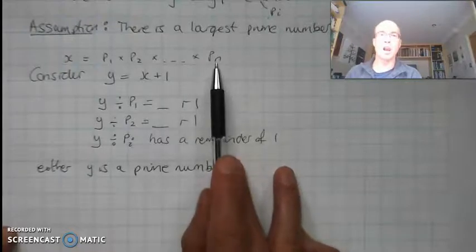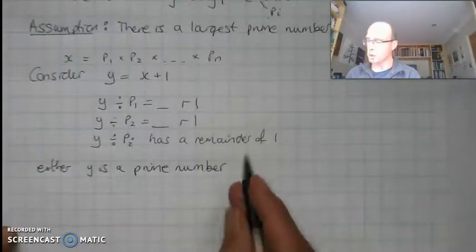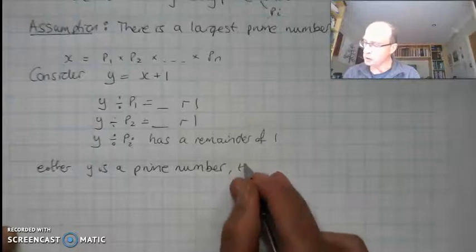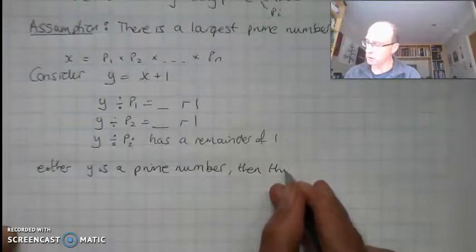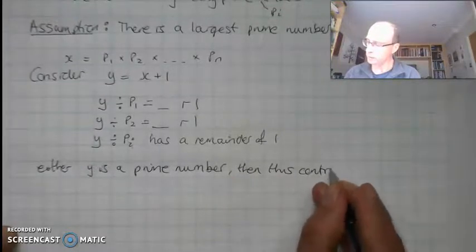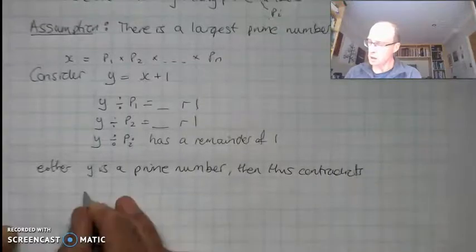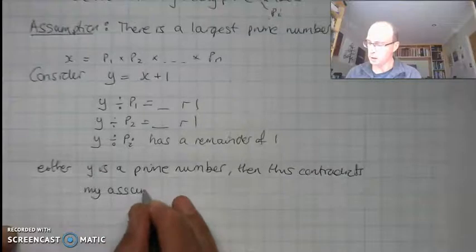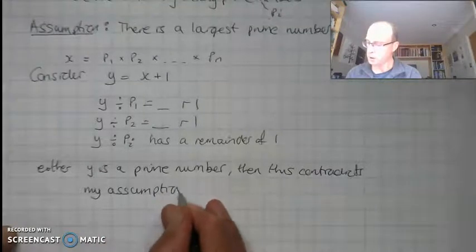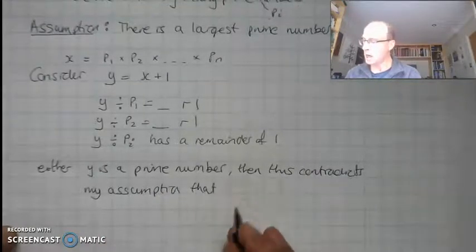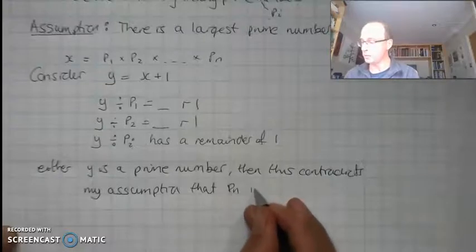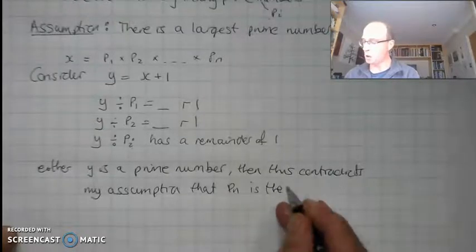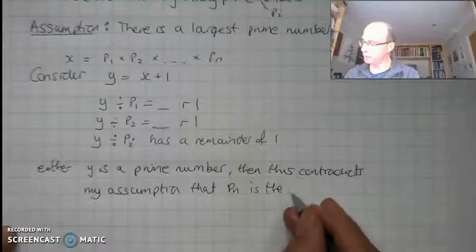So it's going to be a lot bigger than Pn. So if y is a prime number, then this contradicts my assumption that Pn is the biggest, because we've just made y a lot bigger than Pn.